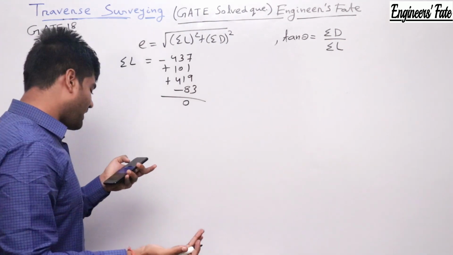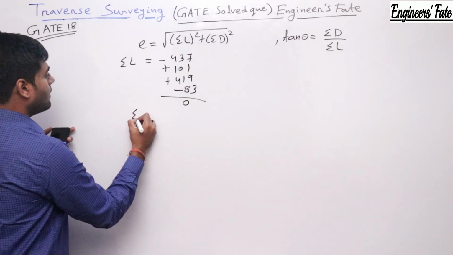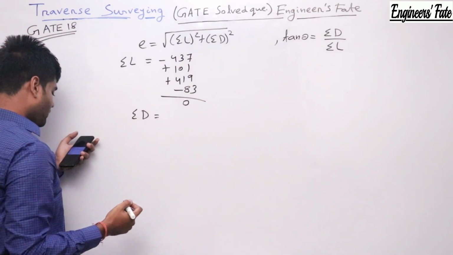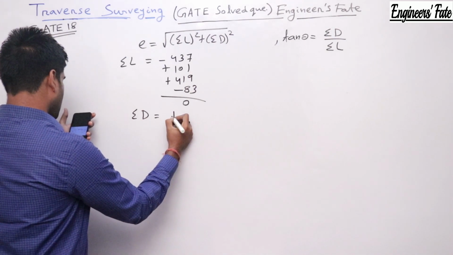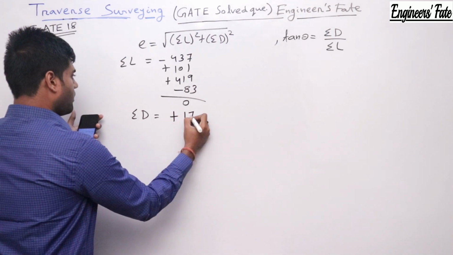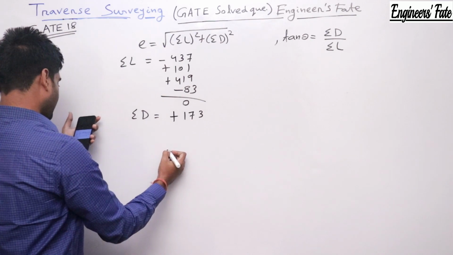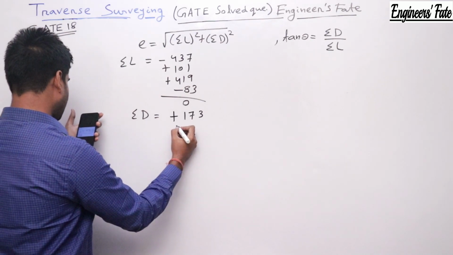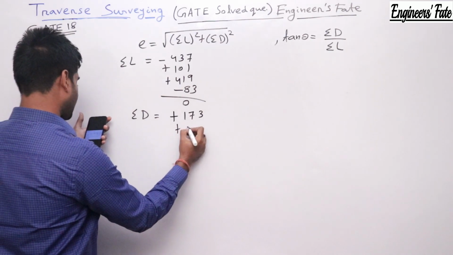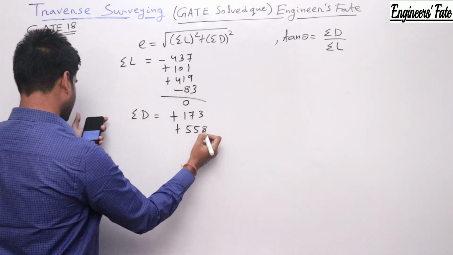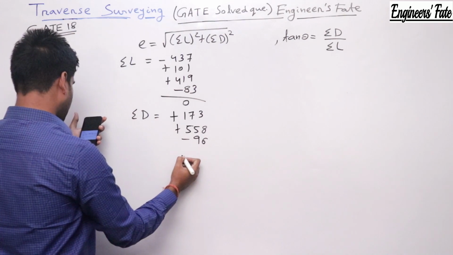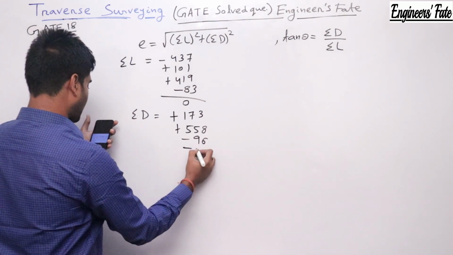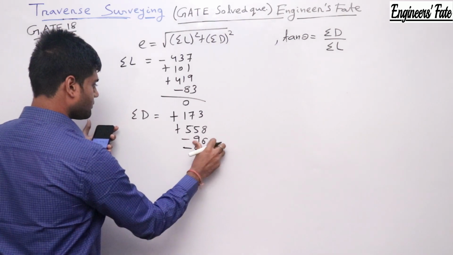But let's check whether I have some error in the summation of departure or not. Easting for PQ is positive 173, then easting for line QR is positive 558, then RS is westing, means minus, then SP is westing, that is 634.